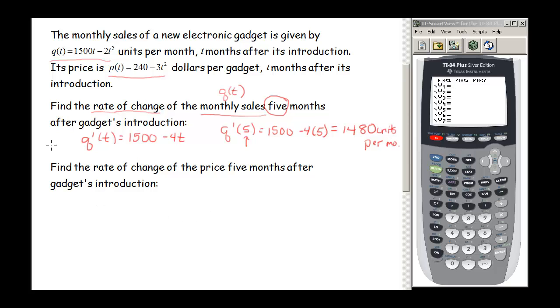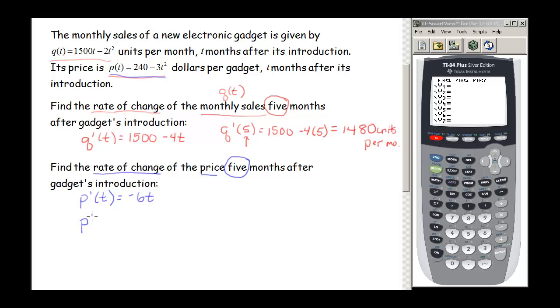Okay, so next we're supposed to do the same type of thing, but this time we're supposed to look at the rate of change. Again, we're thinking derivative of price, and again 5 months after the introduction of the gadget. So we need to find P prime of t, and so here's our P of t function. Take its derivative, we get negative 6t.